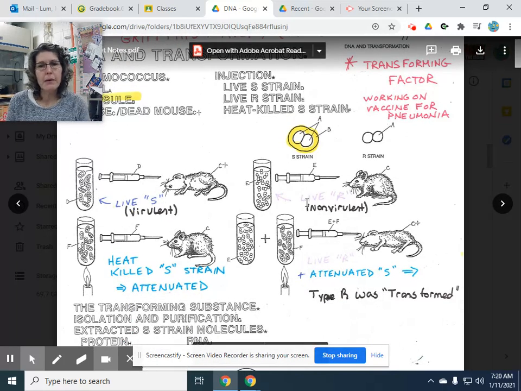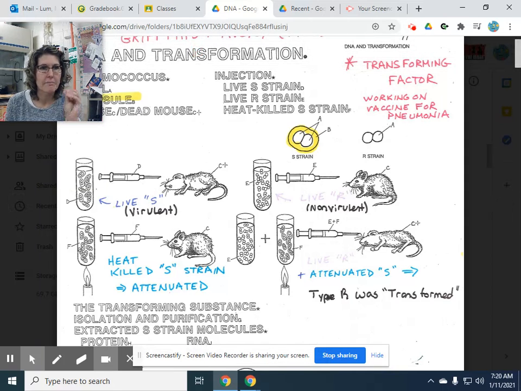So they said, let's take that virulent, deadly S-type bacteria and heat it to a high temperature, because we know heat will kill that bacteria. If we heat that deadly bacteria to a high temperature, we say that we attenuate it, and then we put it into the mouse. What they saw is the mouse lived. So live S kills, but the heat-killed S strain does not kill.